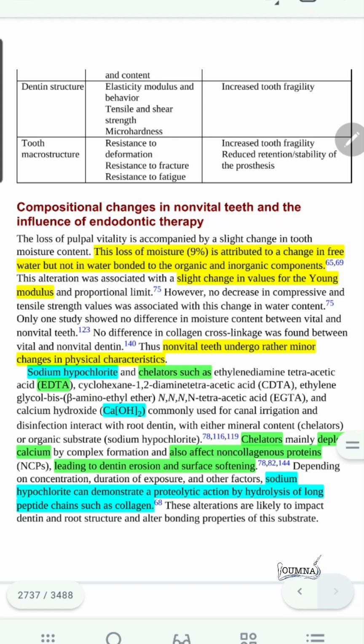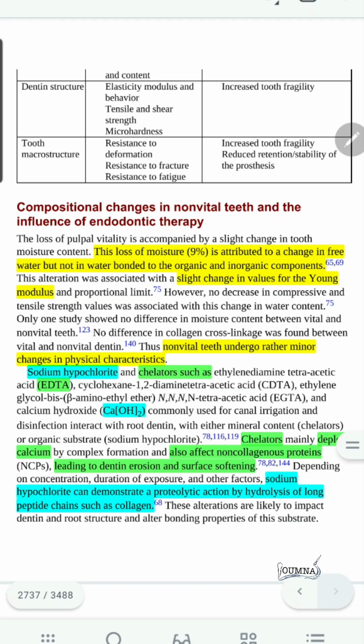Also, the changes that happen to the tooth by age, which is the dentinal sclerosis, and the irrigation and the chelators that we do with the EDTA or the sodium hypochlorite.